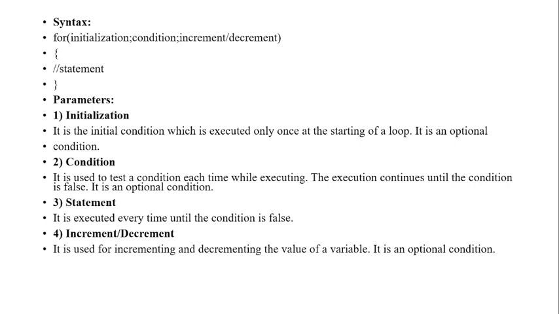Initialization is the initial value that I am giving inside the loop. It is an optional part. Condition means it is a testing condition. Each time while executing, the condition will be checked. And the next one is the incremental or decremental value for the variable.